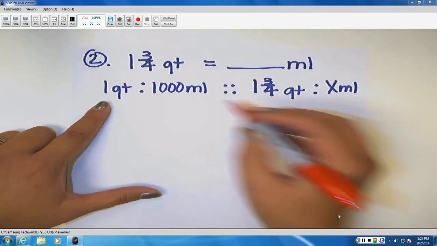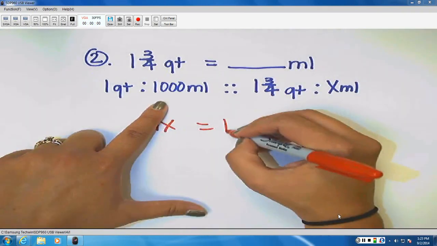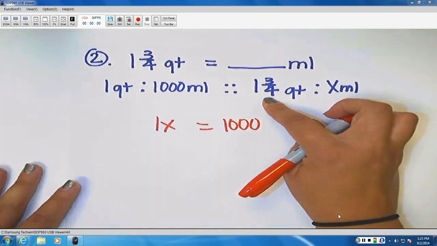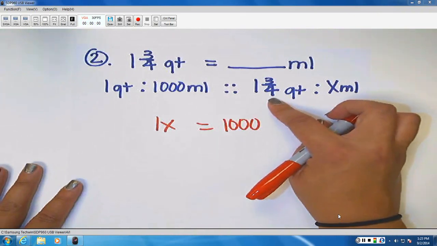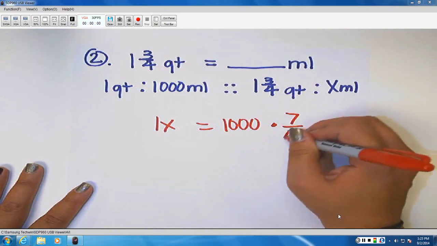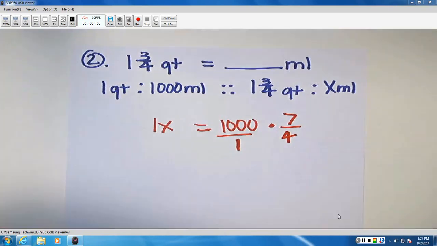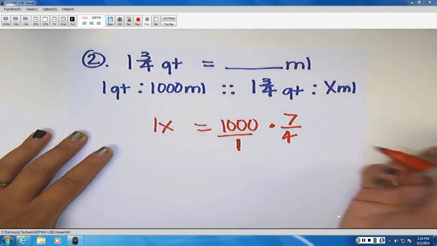So this one's going to end up being 1x equals 1,000 times 1 3/4. Again, I'm going to take this whole number and turn it into an improper fraction. So that's going to give me 7/4. And I know that 4 can go into 1,000, and it goes in there 250 times.